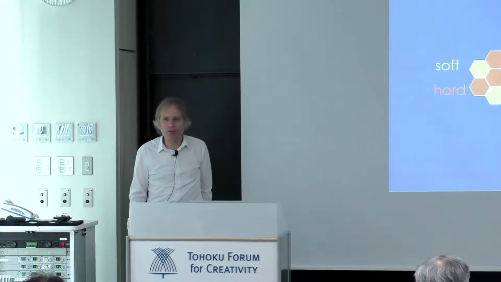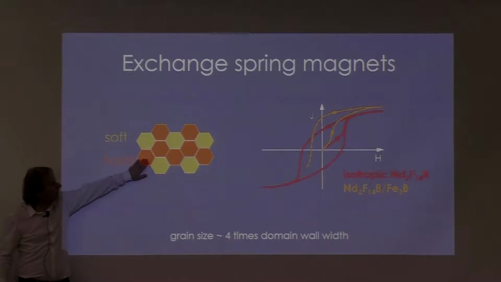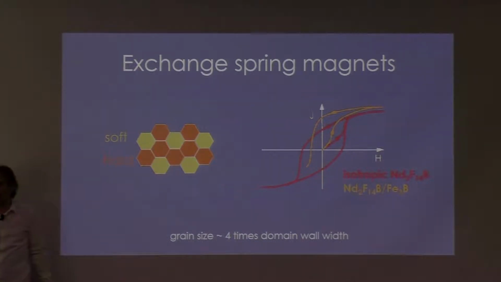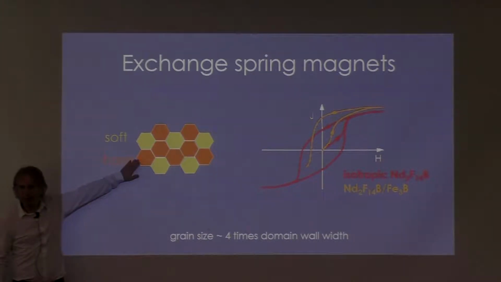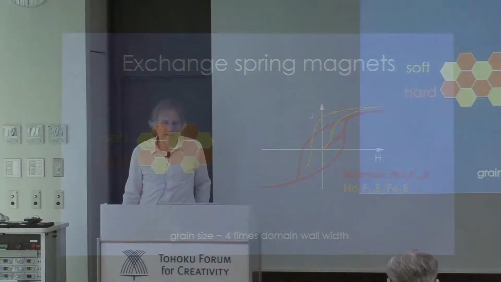The idea was, if you combine a soft magnetic material with a very high magnetization with a hard magnetic material which has a high magnetocrystalline anisotropy, you may be able to improve the total magnetic properties or the energy density product of a magnet.